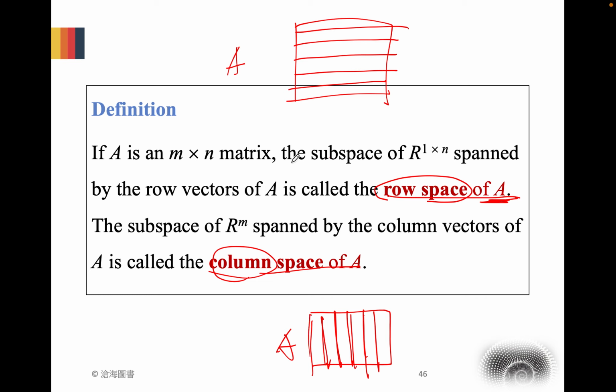Because the set of row vectors would span a vector space, and the column vectors would also span a space. One is row space and one is column space. Okay, and this is called 列空间. This is called 行空间. 行就是直的叫行嘛，横的叫列. So one is called column space, one is called row space. Okay, row space and column space.